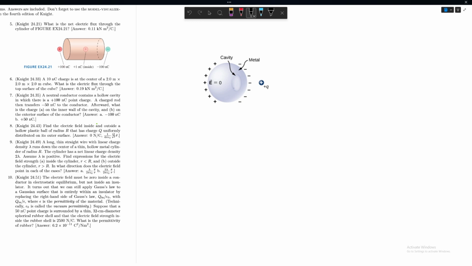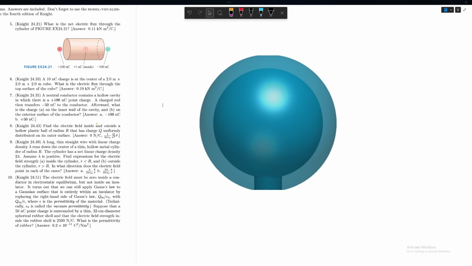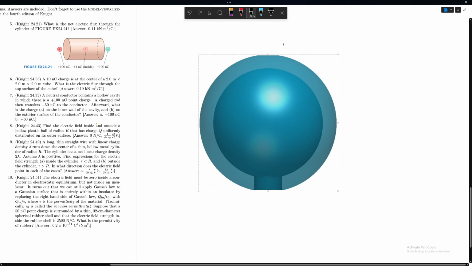A hollow plastic ball of radius r. So let's get a hollow ball. Let's steal one. Sorry, but this is the best thing I could steal. So this is plastic. This is an insulator.